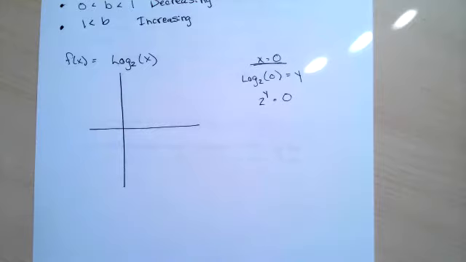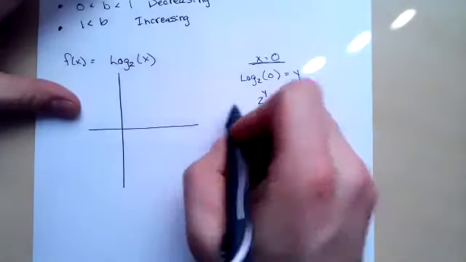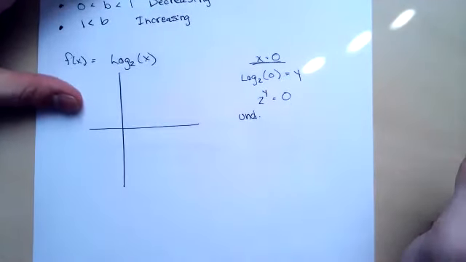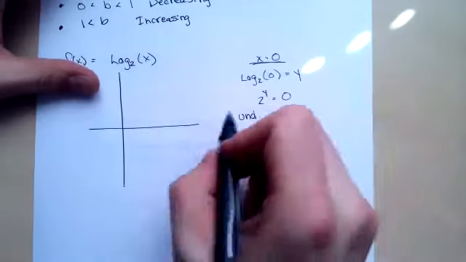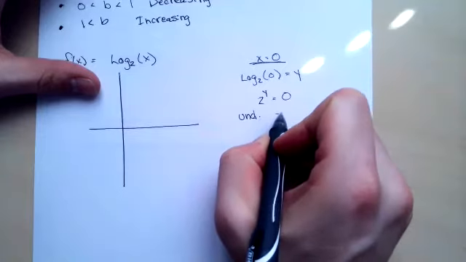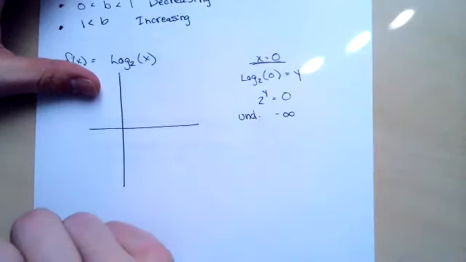As we plug in bigger and bigger negative numbers into that y, negative 1,000, 2 to the minus 1,000 is going to be a very, very small fraction. It'll get closer and closer to 0, but it will never actually hit 0. So this is undefined. So I'll write UND for undefined. In calculus, a better expression would be minus infinity.